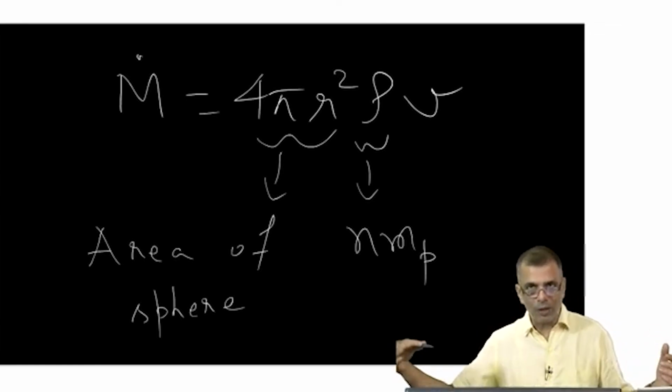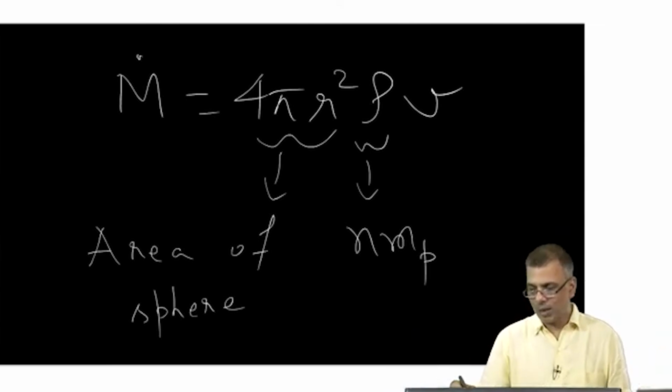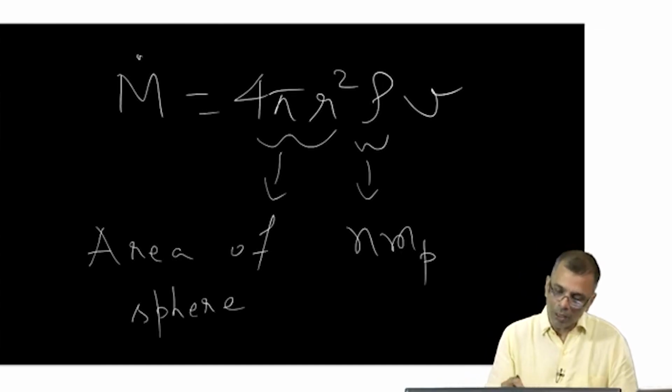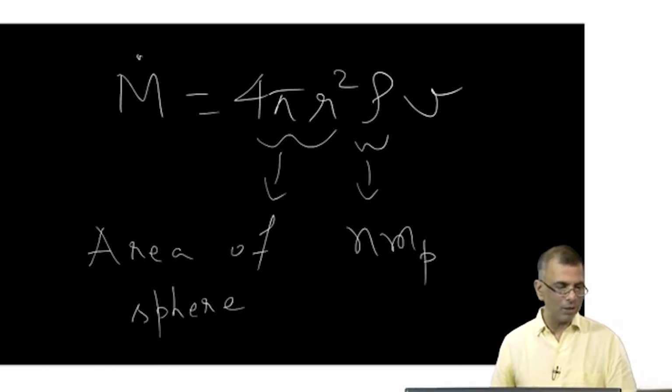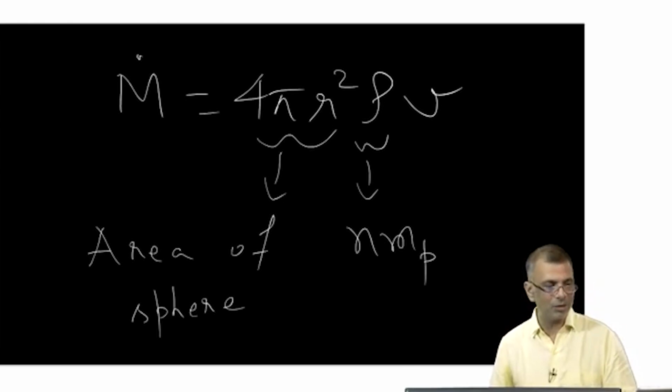Okay, so as matter falls in, matter gains speed, matter becomes less dense, and so on and so forth. However, this whole thing remains constant. As it gains speed, it becomes less dense, and this also decreases. So this is the kind of thing we will be discussing, and we have already discussed the basic solutions.